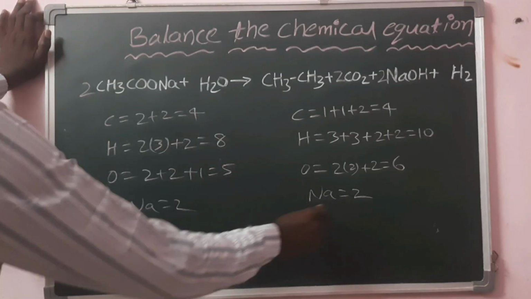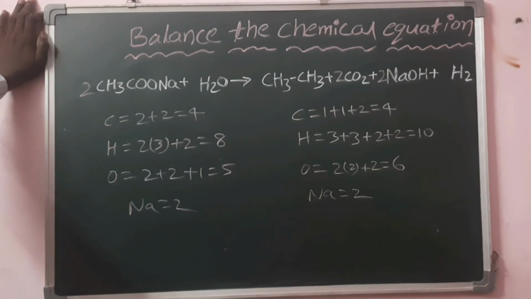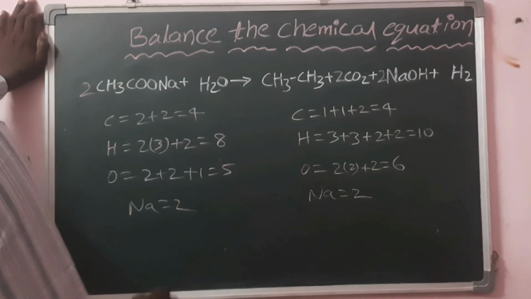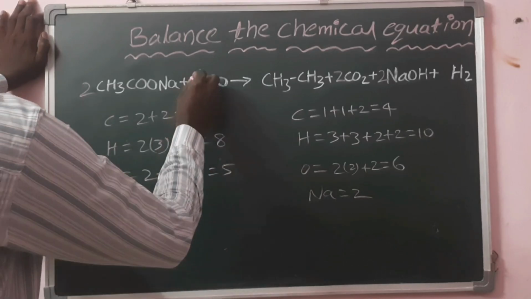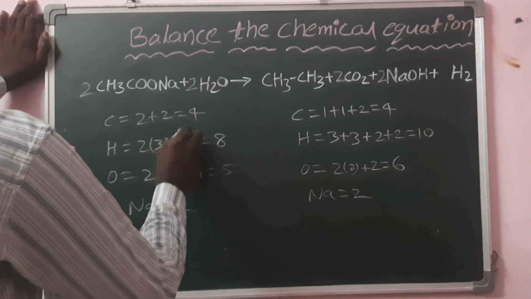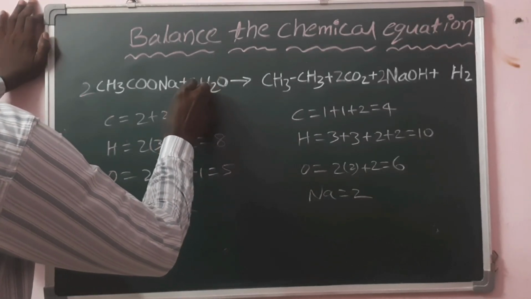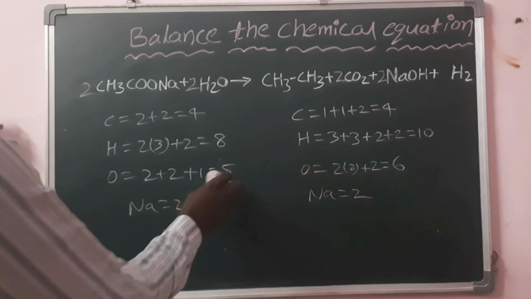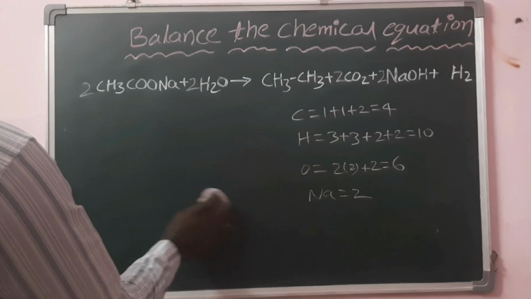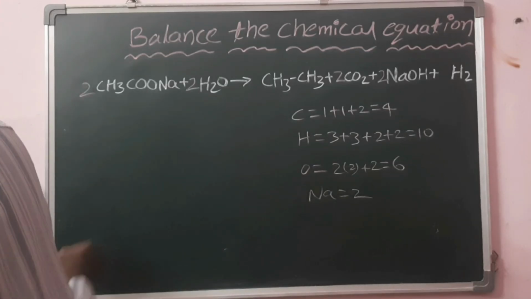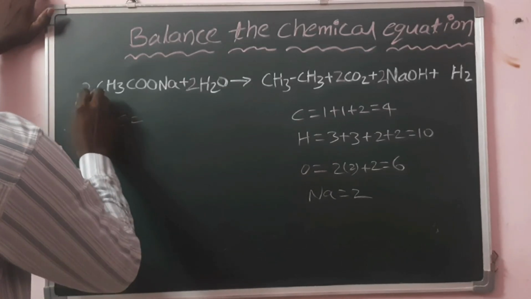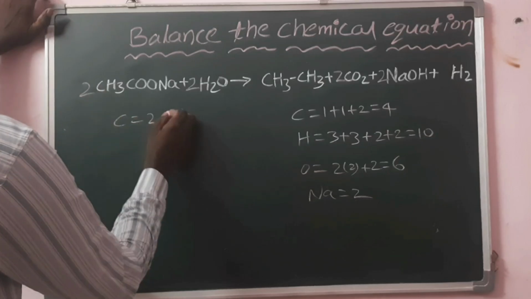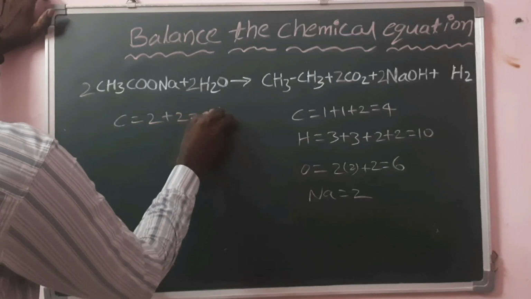Now the sodium atoms are balanced. Now we can balance the oxygen atoms. To do this, we need to put a coefficient of 2 in front of H2O. Okay. Now the number of atoms changed on the left side. Now the number of carbon atoms is 2 plus 2, that equals 4.